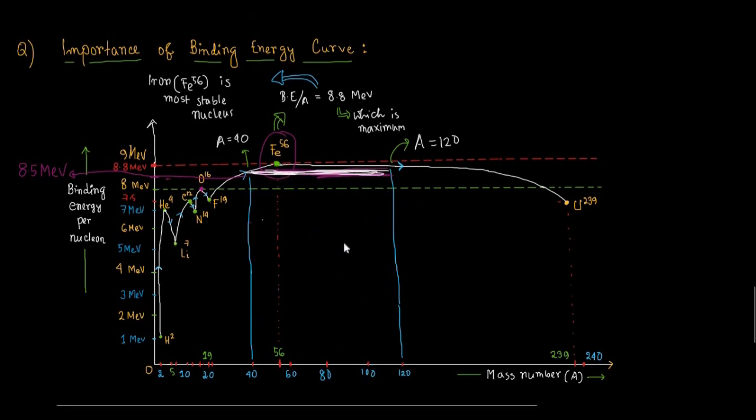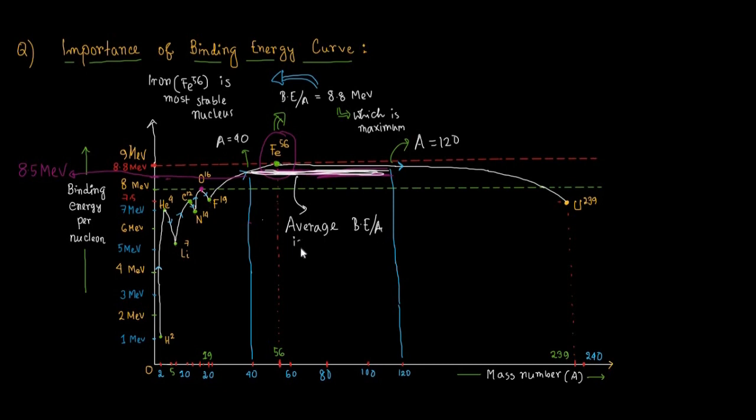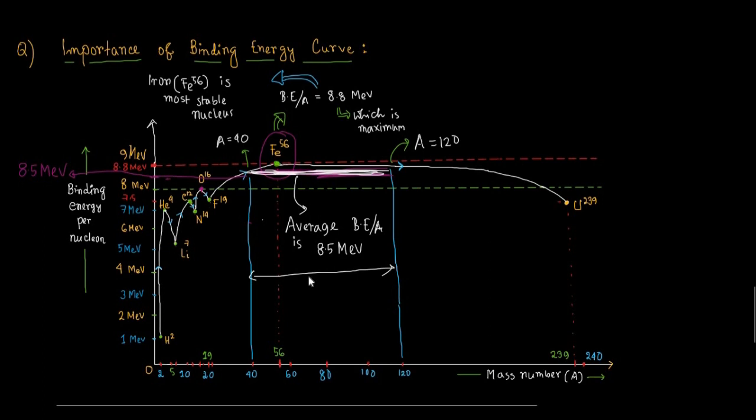Here we have denoted the region in which the average binding energy per nucleon is 8.5 MeV, and in this region, having mass number 40 to 120, all the elements or nuclei are more stable.